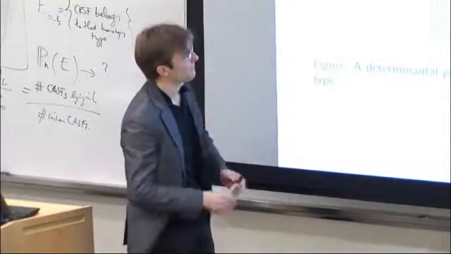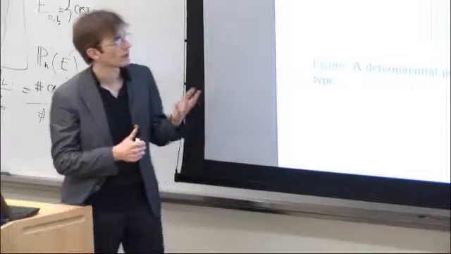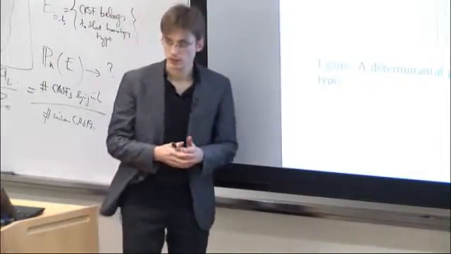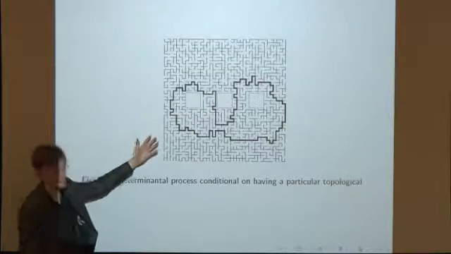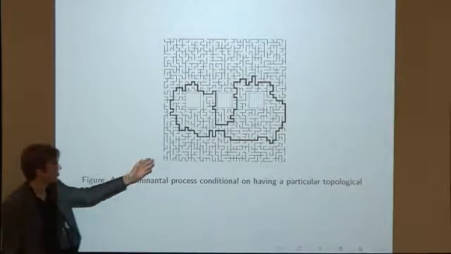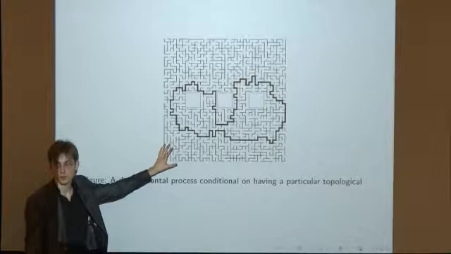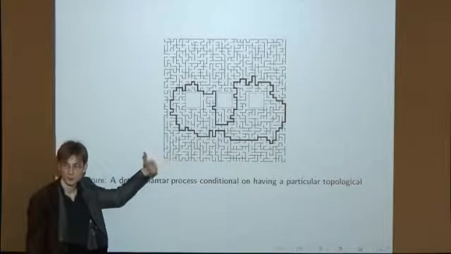The uniform spanning tree, when you view it, think of a uniform spanning tree as a point process on the set of edges of the graph. It's just a bunch of edges on the graph.